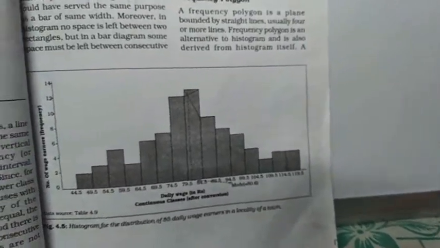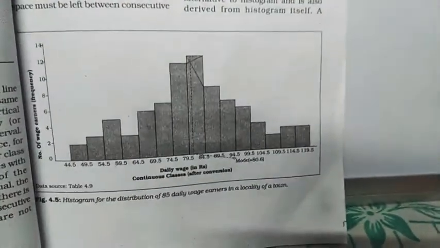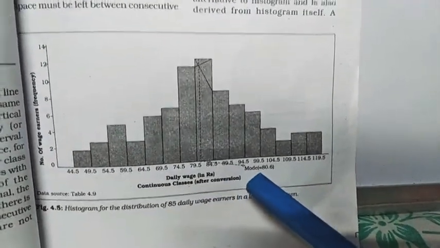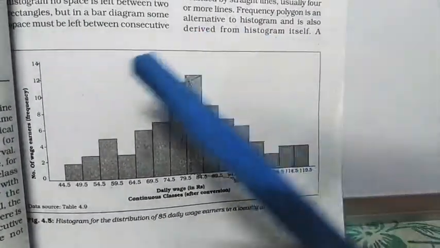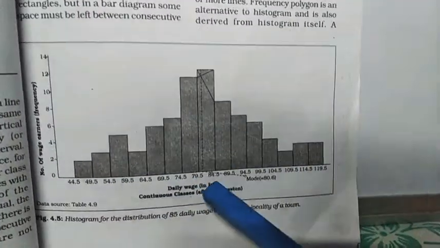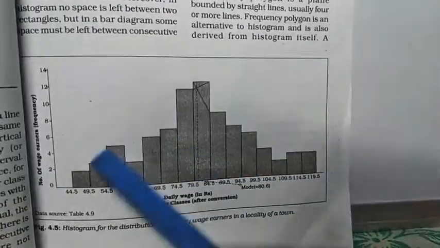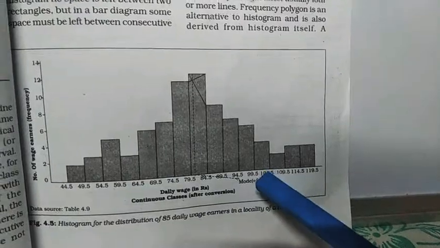With the help of the histogram, we are able to find out the mode of the data. The mode for this histogram is 80.6.